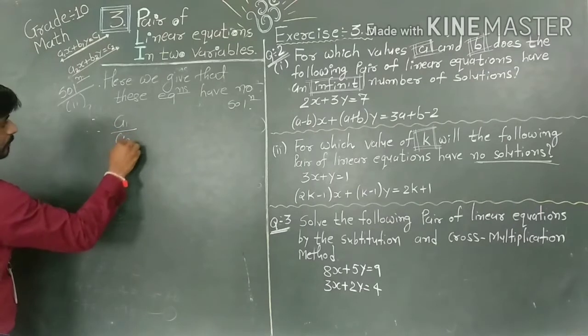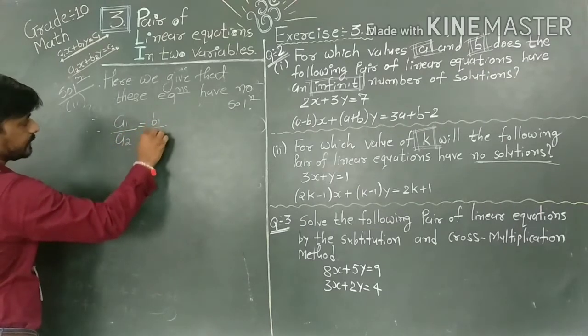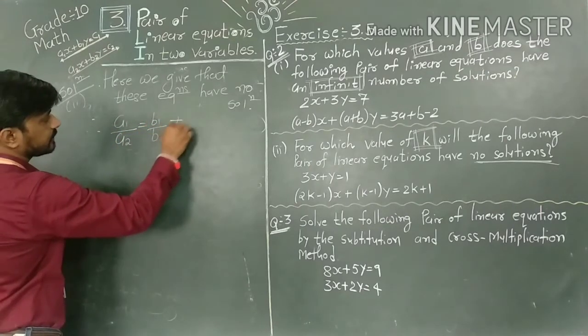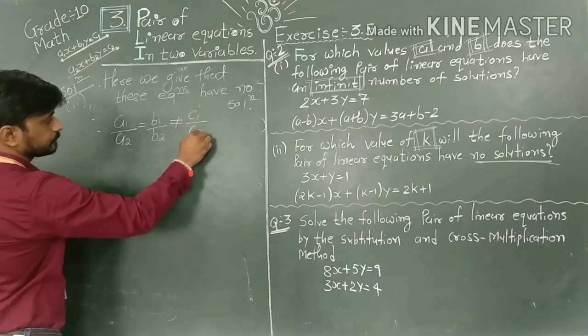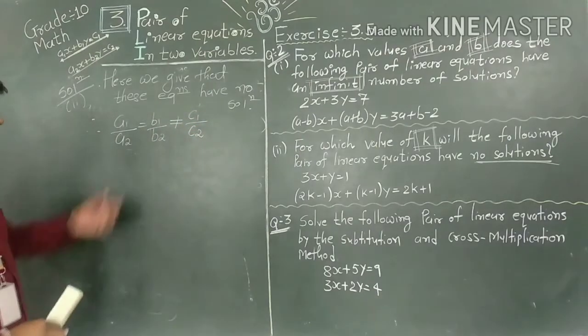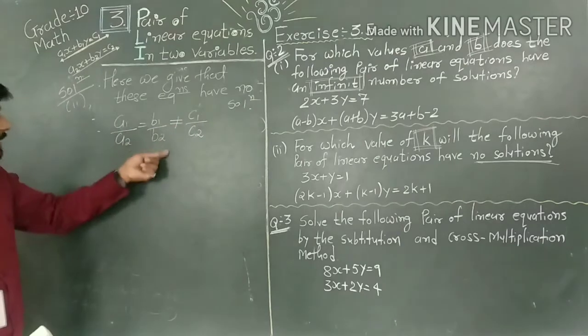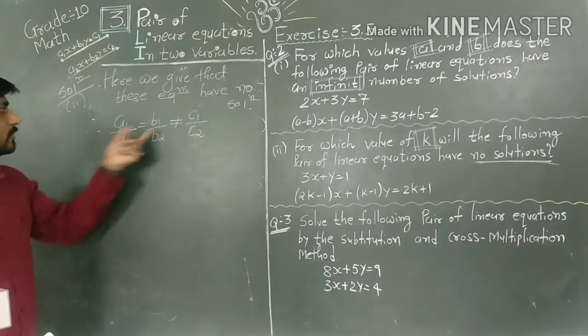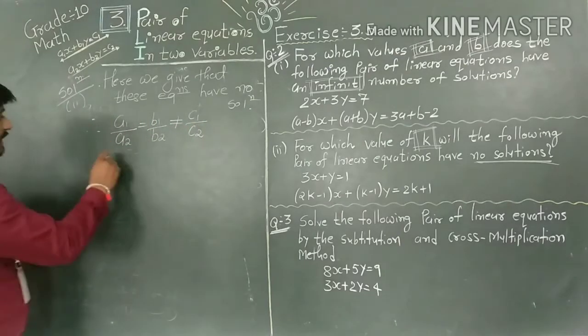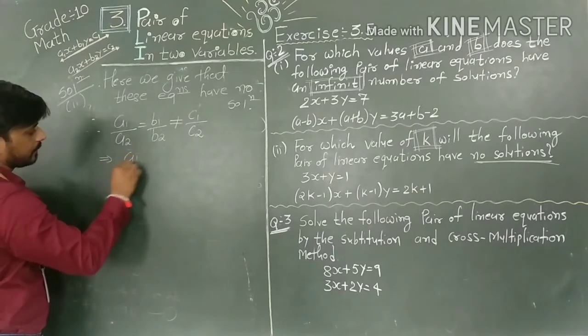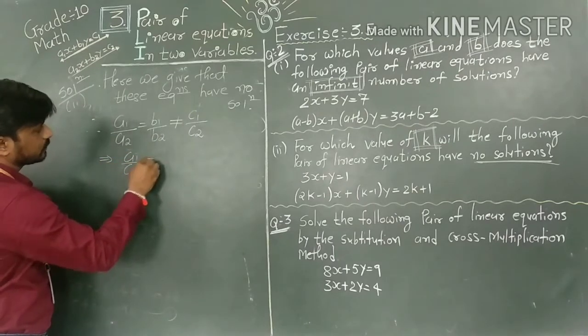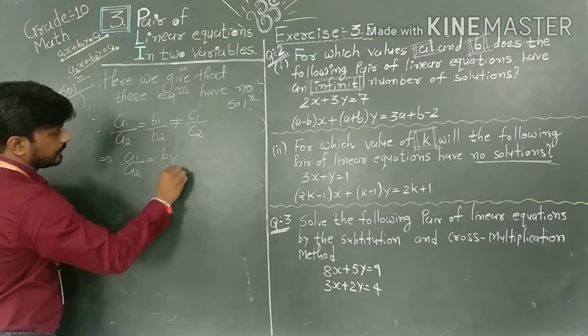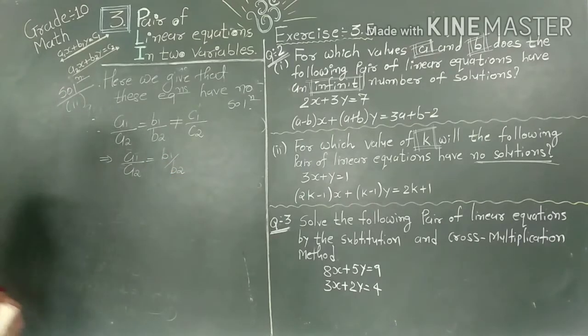A1 upon A2 is equal to B1 upon B2 is not equal to C1 upon C2. That means we take only this part, because this is not equal to this ratio. Therefore, I write here A1 upon A2 is equal to B1 upon B2.